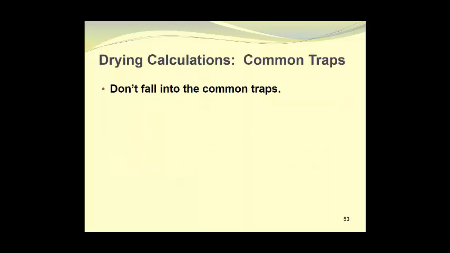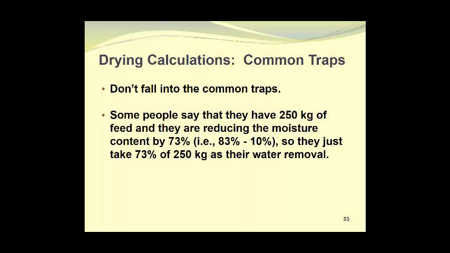Here are some common traps to avoid in drying calculations, and we will use some of the values that we calculated in sample problem number 2 as examples. Some people say that they have 250 kilograms of feed and they are reducing the moisture content by 73%.